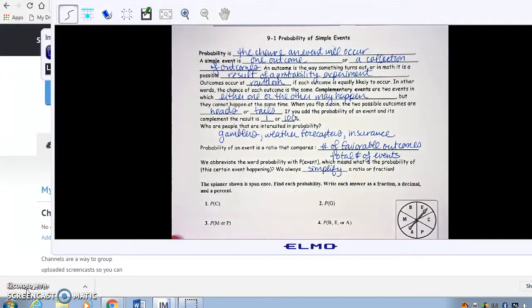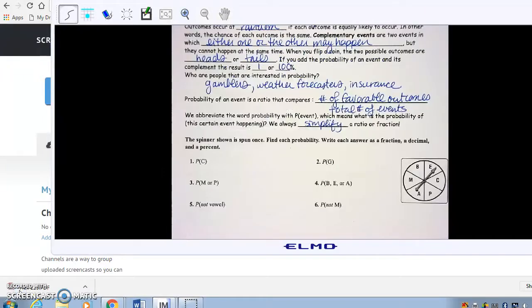So let's get started. Working with probability, we see a lot of spinners. So here's our first spinner. The spinner is shown as spun once. Find each probability, write each answer as a fraction, a decimal, and a percent. So we remember how to do that from the last chapter, right? First question, what is the probability of spinning a C?